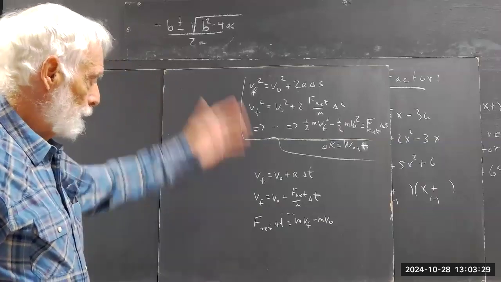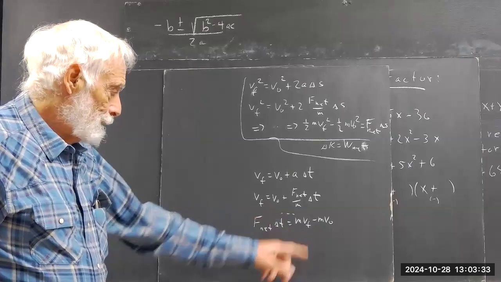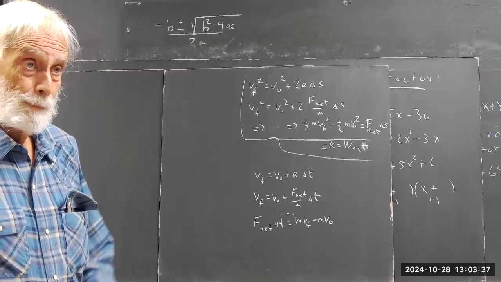Very simple step: multiply both sides by m and subtract off your m v naught. And you've got this. Very simple derivation.